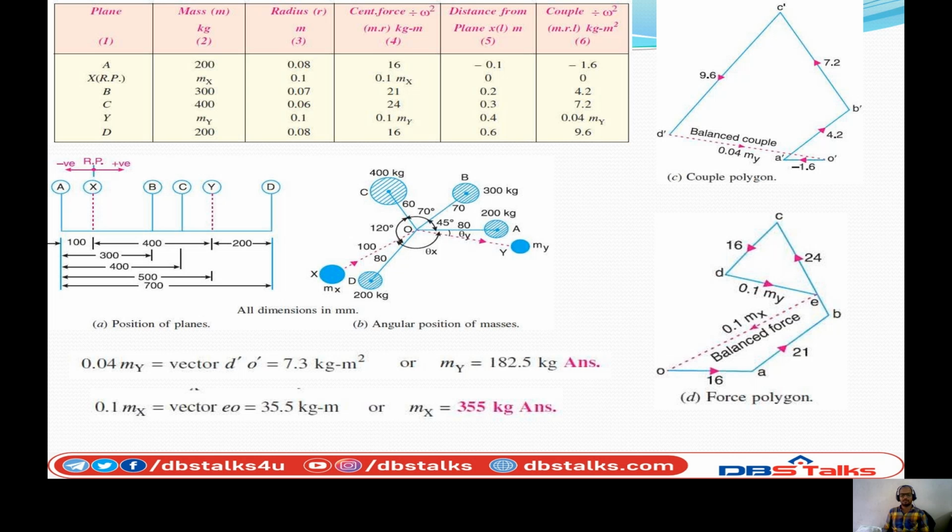Okay, these are very simple problems. For university questions also, they may ask very simple problems, maximally four masses and two reference planes. Maybe this question was also already asked in the university examination. So try to solve or get the points from the question.